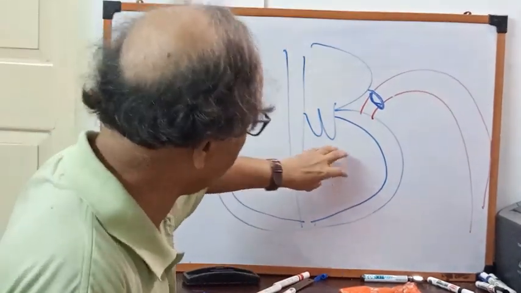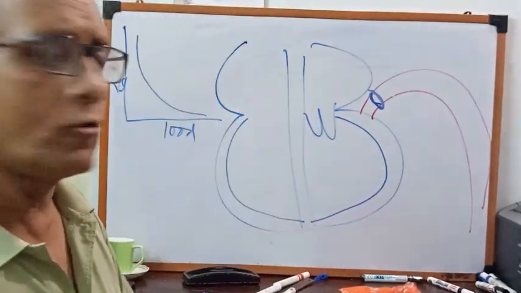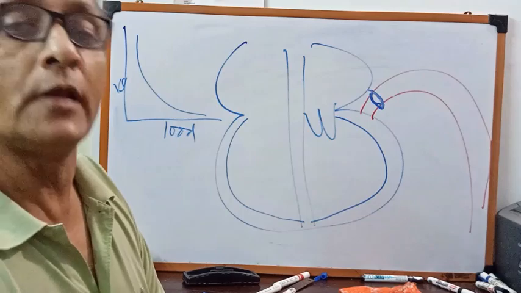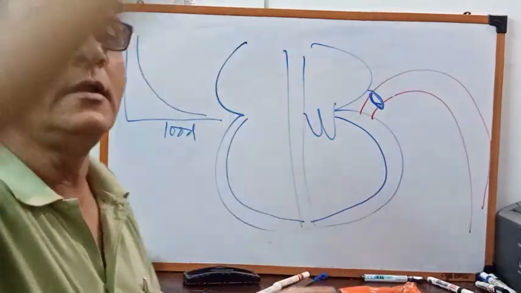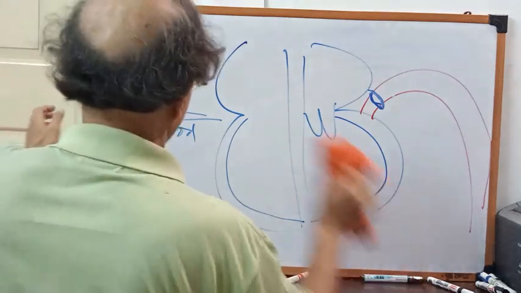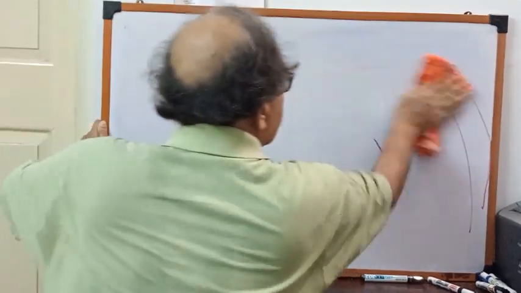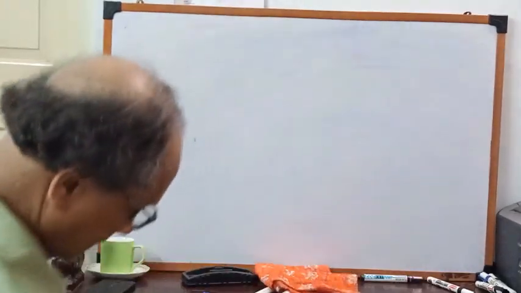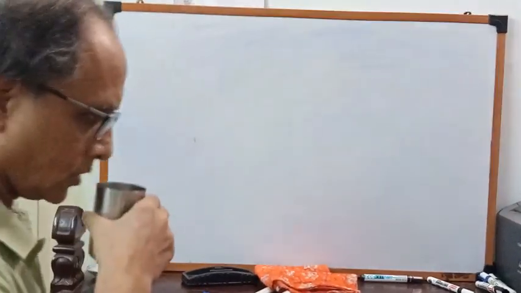Then in the third set, we further increase the ventricular volume and determine the peak isometric pressure. It will have a linear relationship, like this.